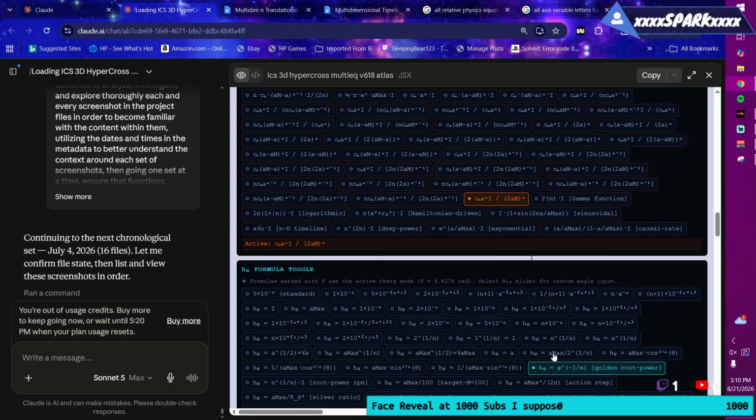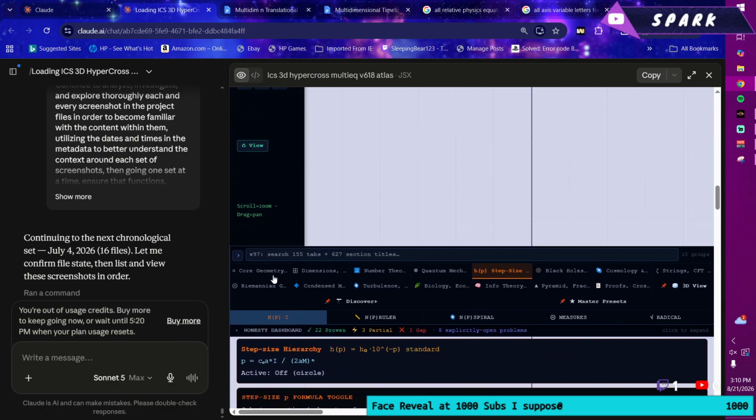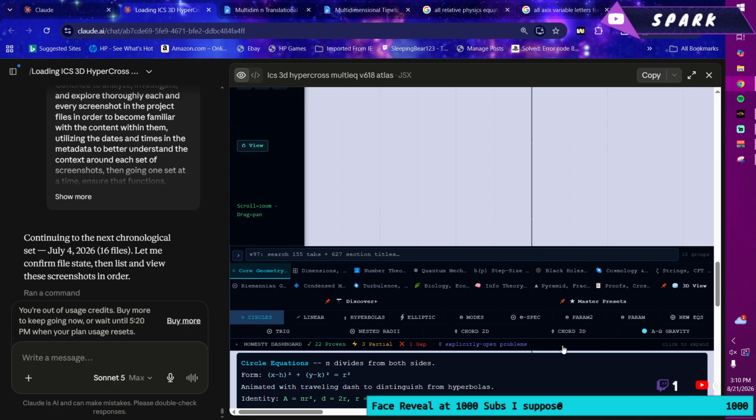This is something that I theoretically considered as well. H naught just equals A max. I mean, why not? With that build specifically, with that philosophical understanding, I just want to see what the rate's going to look like. And it just seems like it kind of makes sense intuitively to think of it like that. But I don't know.